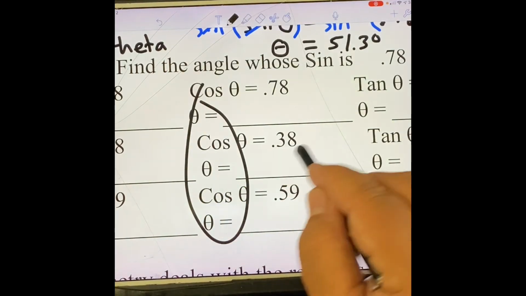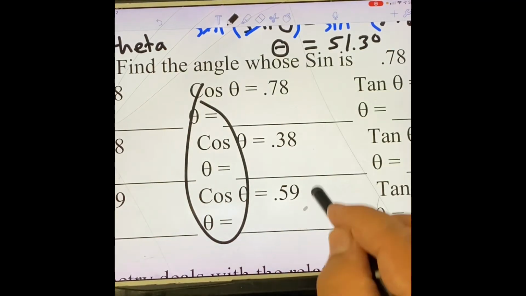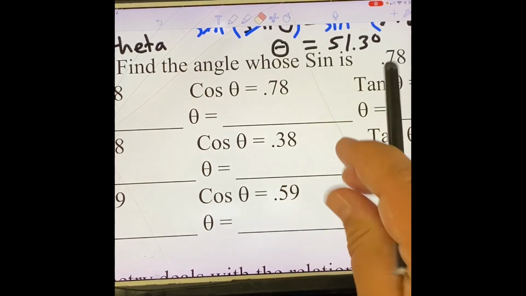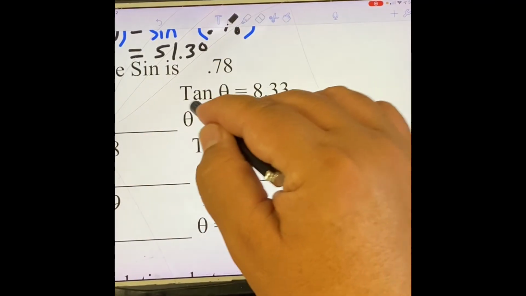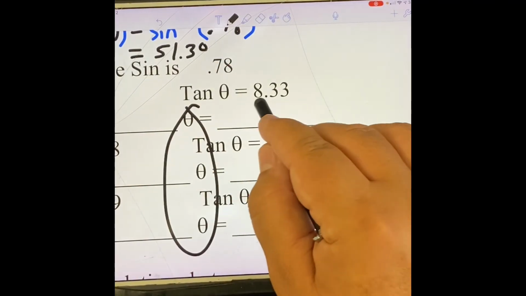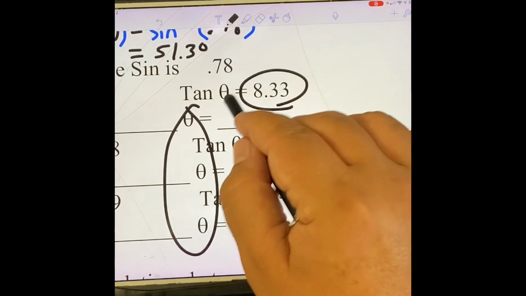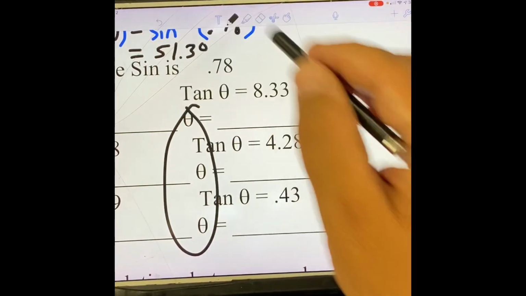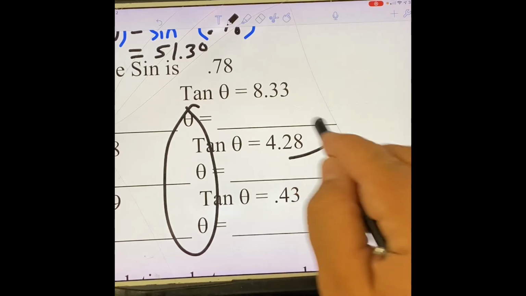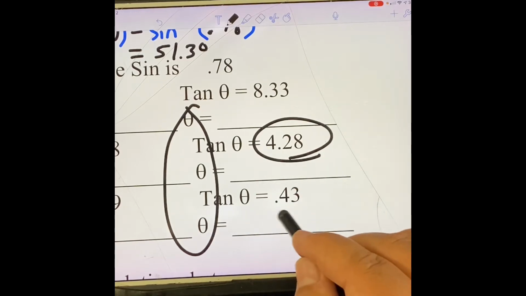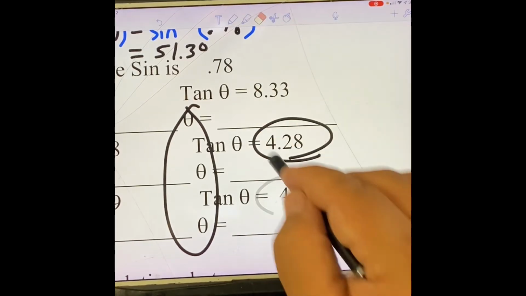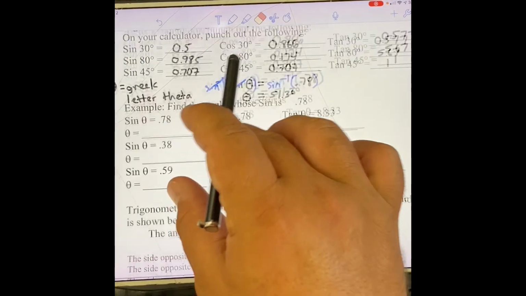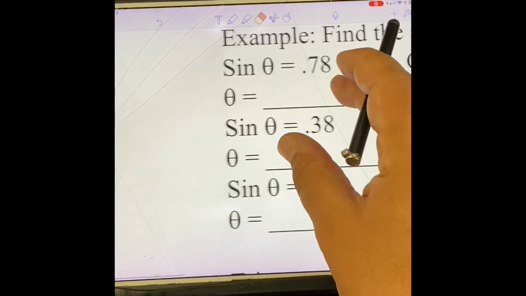You're going to take the arc cosine of 0.38 and the arc cosine of 0.59. And lastly, to get these numbers here, you're going to take the arc tangent, because arc tangent is opposite to tangent, of 8.33, the arc tangent of 4.28, and the arc tangent of 0.43. Follow along with me, and let's get these done one row at a time.